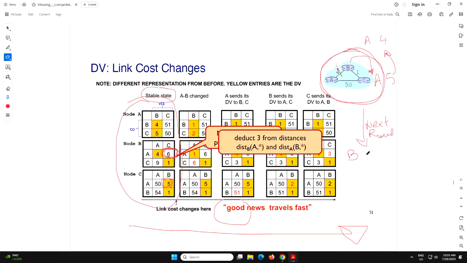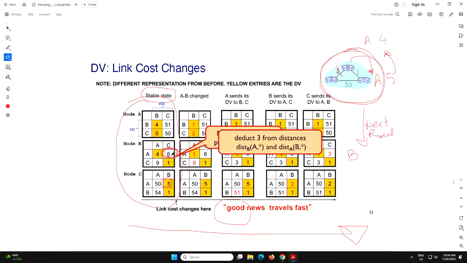B will update this information: if it wants to go via C, then the cost will be 6, because C is saying I can go to A with cost of 5 and there is a cost of 1. So it will be 6 here. But because B already has a direct link cost of 4, B is not going to make use of this information 6, because B already has a better link.